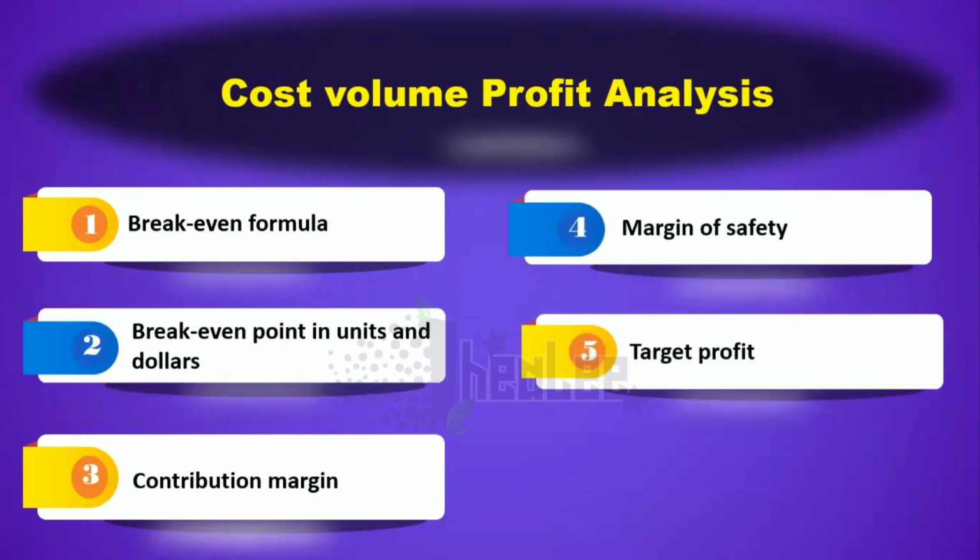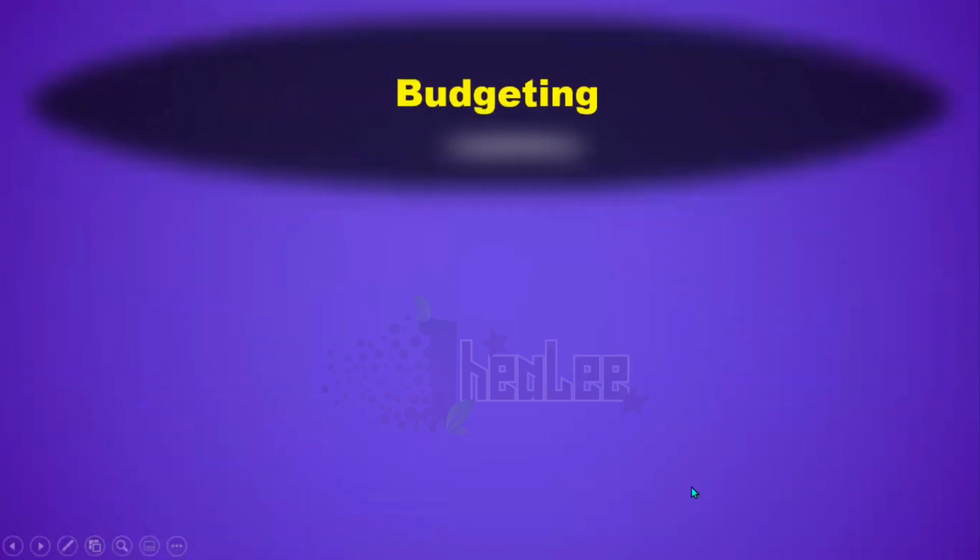So basically, when it comes to cost volume profit analysis, you need to know how to compute contribution margin, break-even point, margin of safety, and you should be able to use target profit in the break-even formula. All right, so that covers cost volume profit analysis, and we're on to budgeting.